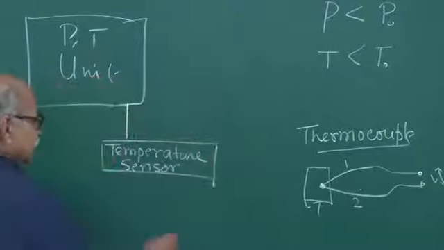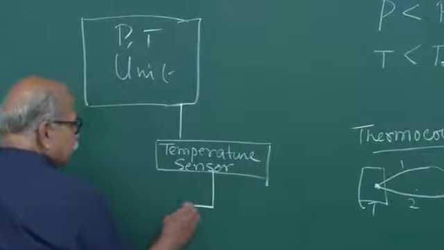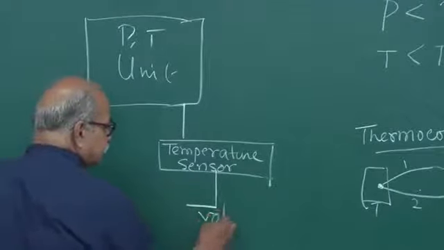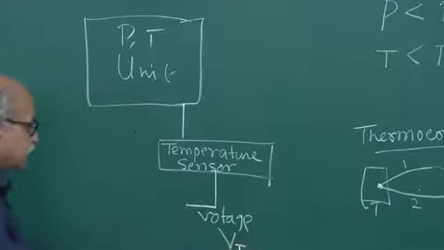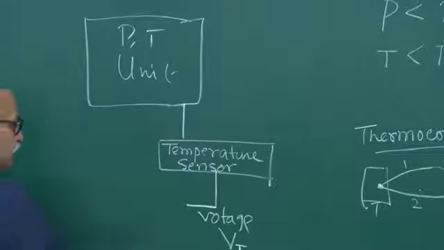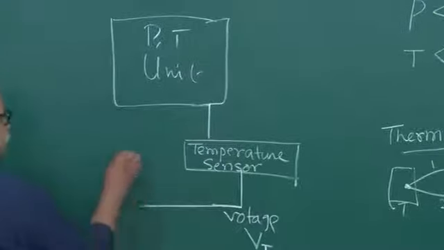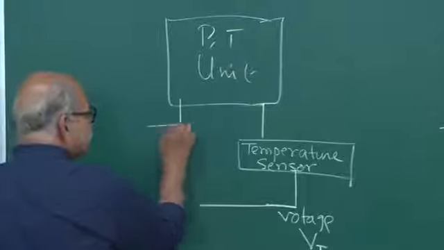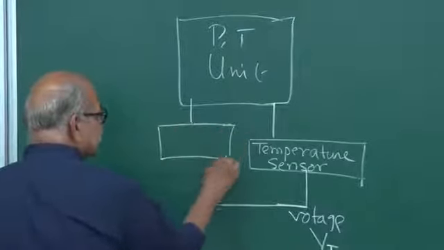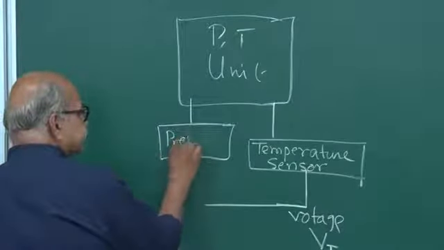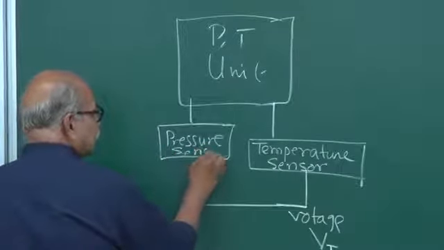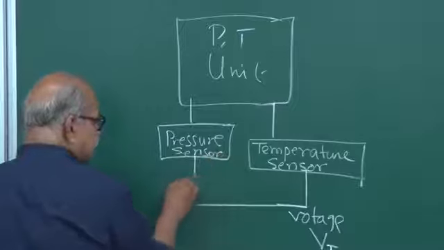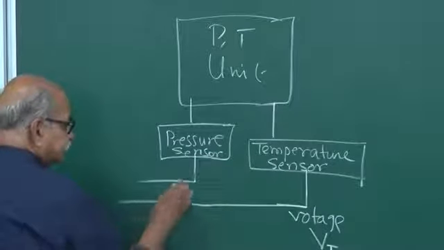So, this gives me a voltage, let us say Vt, a voltage signal here, of course analog. Similarly, for pressure we can have a pressure sensor here, and this pressure sensor gives another voltage here.